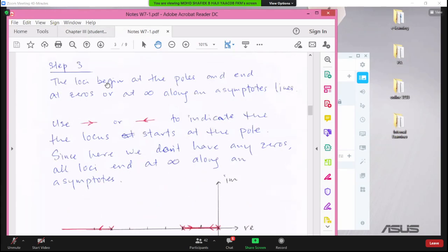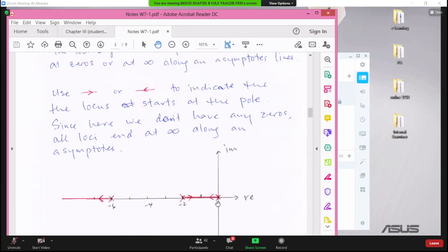So it's going step 3. The loci begin at the poles, so we put an arrow there. We use arrows to indicate that is where the locus starts at the pole. There's one pole at the origin, so it's going to go to the left.